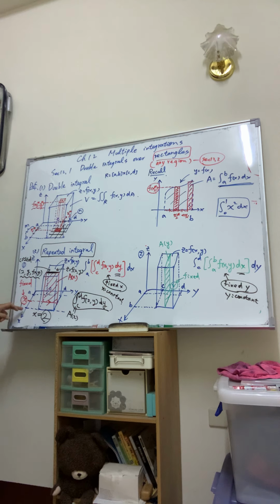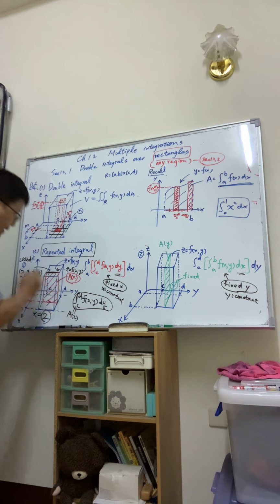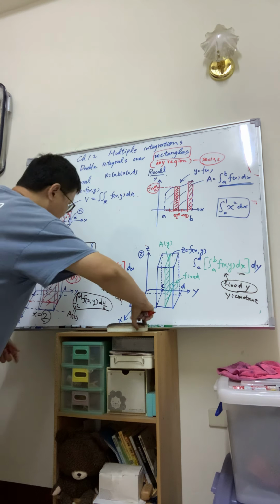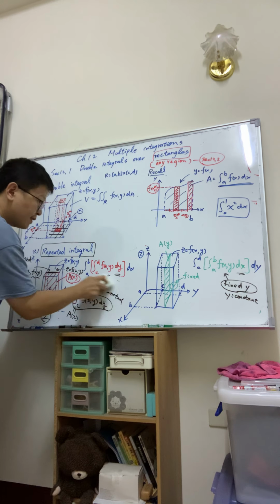So now we integrate by x, and we integrate the function of x. So now you could view it as a function of x. Now it's a function of x. So we integrate it dx.